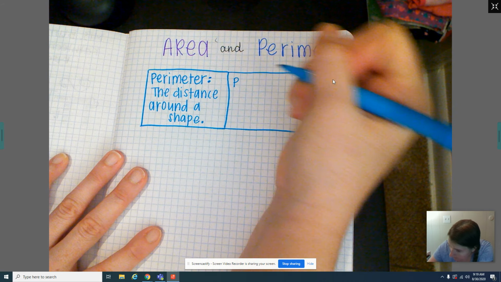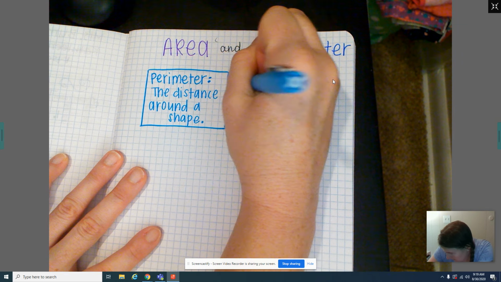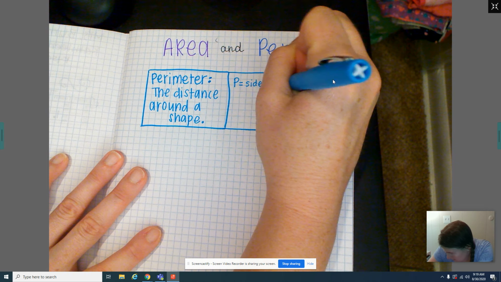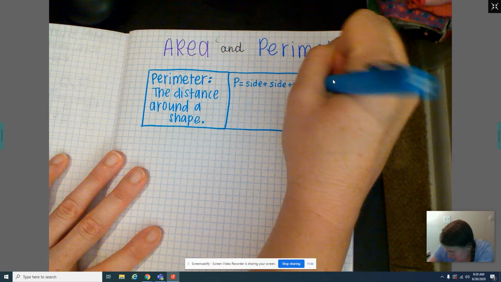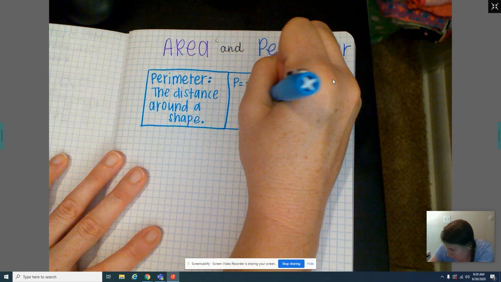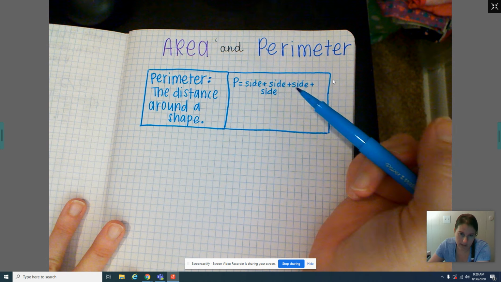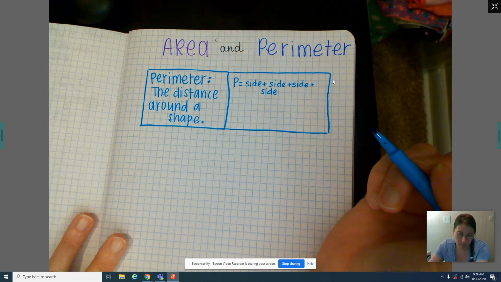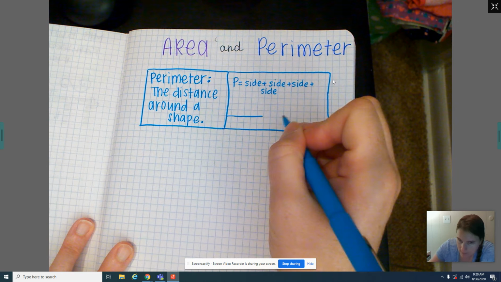So perimeter, when we calculate that, it'll just be side plus side plus side plus side. Now, this is assuming that it's a quadrilateral with 4 sides. You're just adding the sides together to find the perimeter. Now, if you have a triangle, you're not going to have 4 sides.